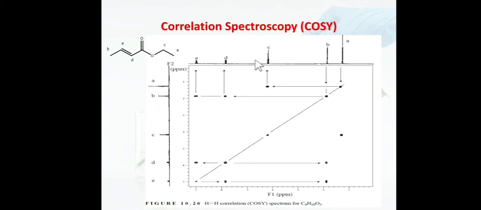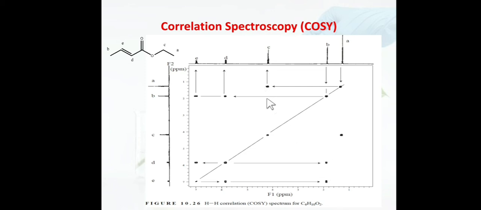So let's see. If I have this COSY spectrum, we already studied it in H1 NMR spectroscopy, but still I will explain it. The diagonal peaks are not important for us. The diagonal is just a simple H1 NMR, but the off-diagonal peaks are very important for us.